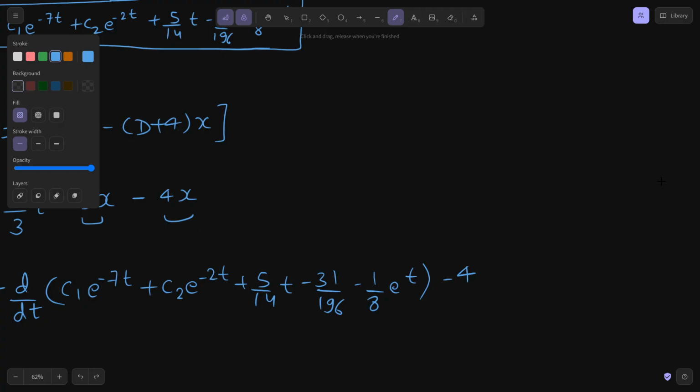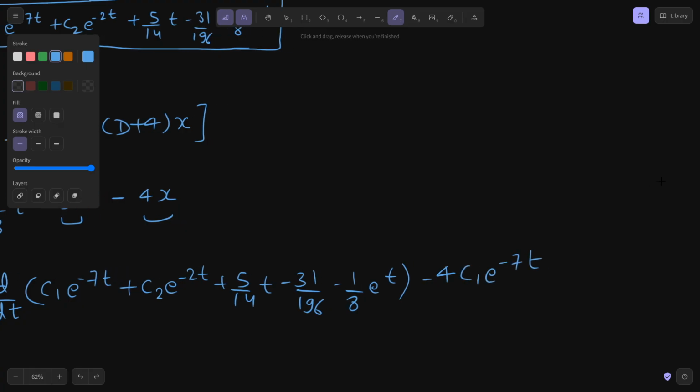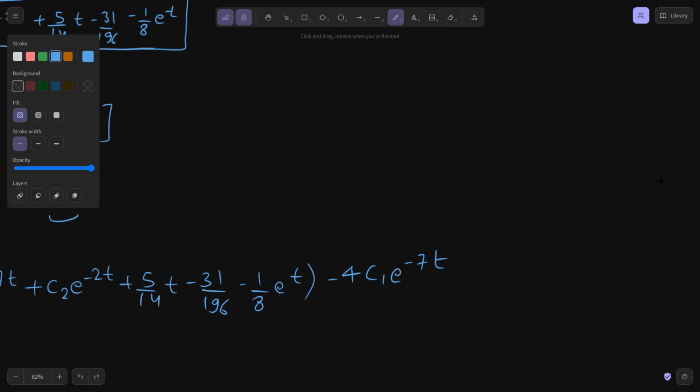Okay, so if in the first term you multiply, you'll get minus 4 c1 e power minus 7t. In the second term if you multiply minus 4, so minus 4 c2 e power minus 2t. Fine.